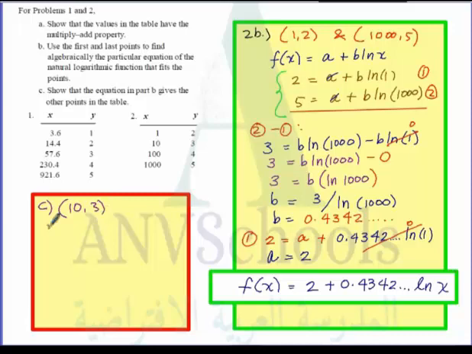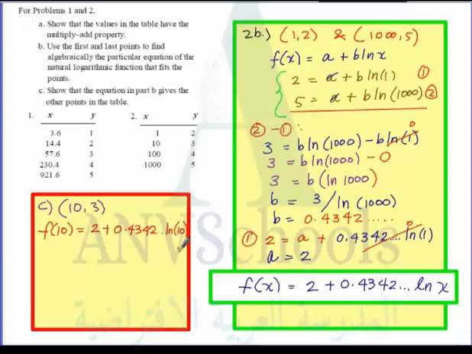So let me see f of 10. This will give me 2 plus 0.4342 ln of 10.